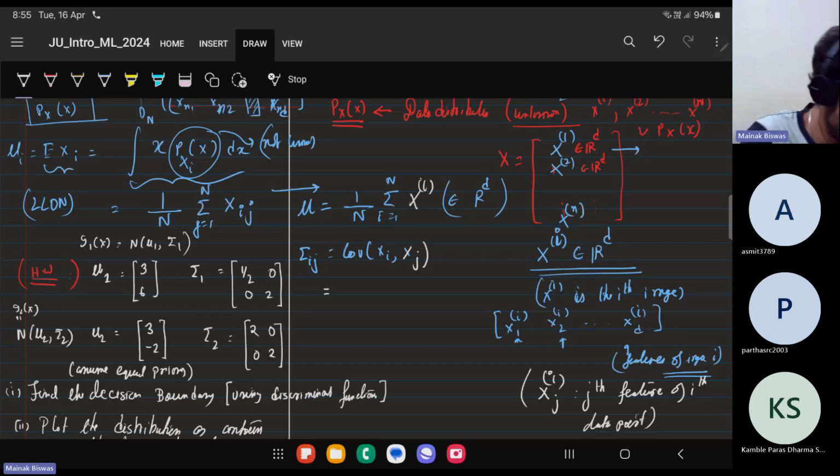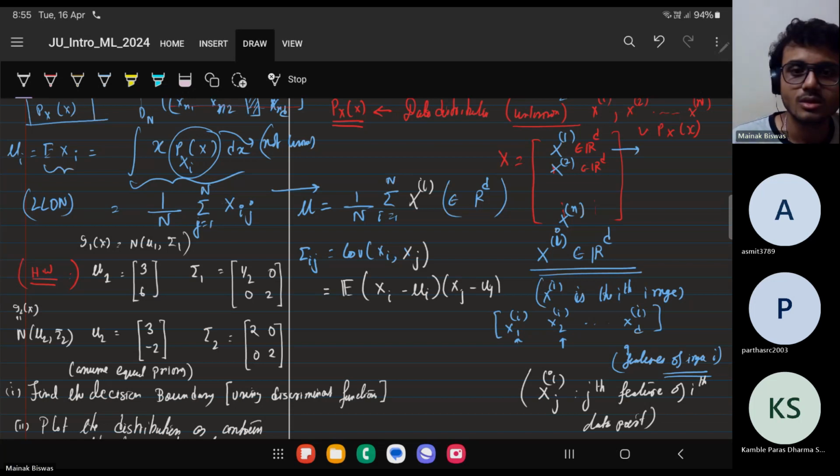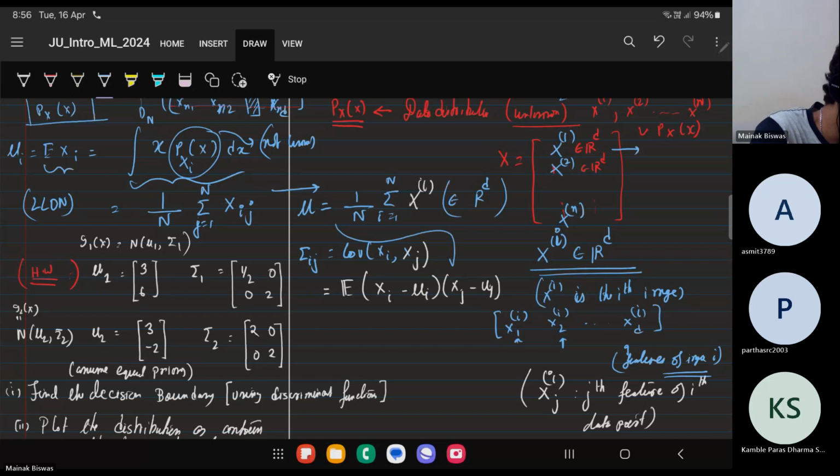Covariance is defined as the expected value of xi minus mu i into xj minus mu j, right? Yes or no? Okay. We defined all this in probability and statistics.